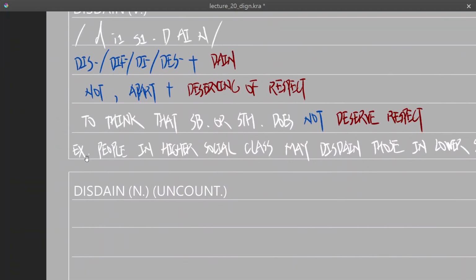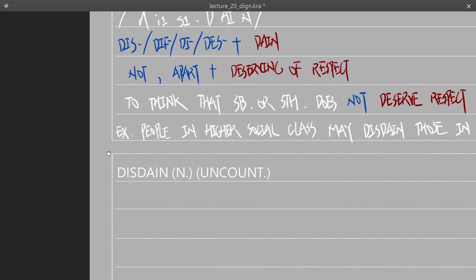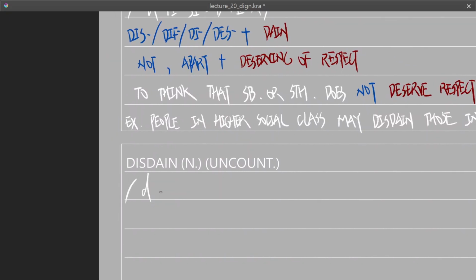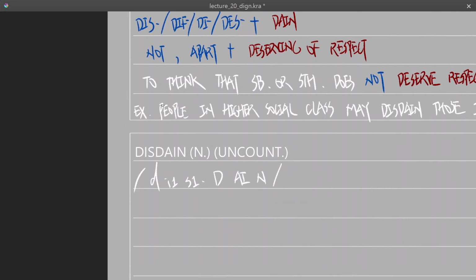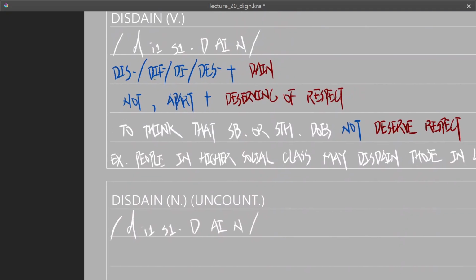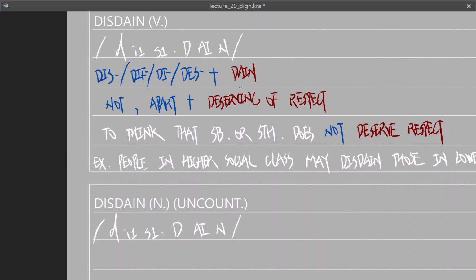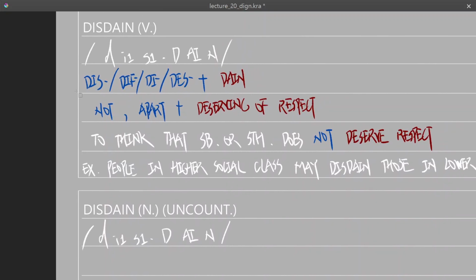Next, we have disdain as a noun. Again, we have the prefix DIS and the root DIGN, so save some time and copy and paste.